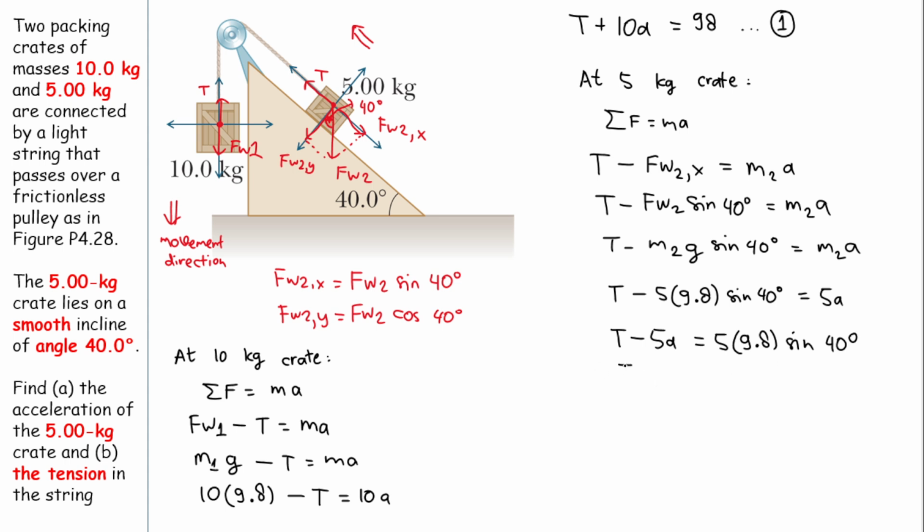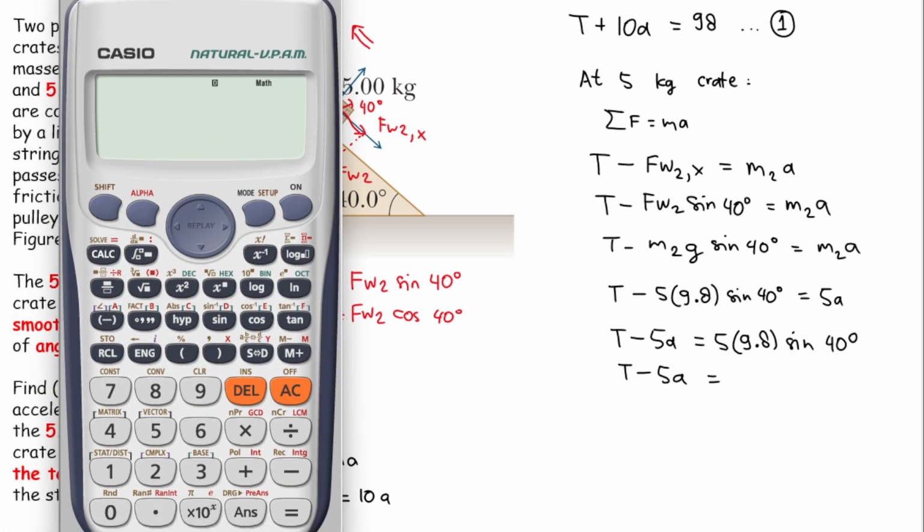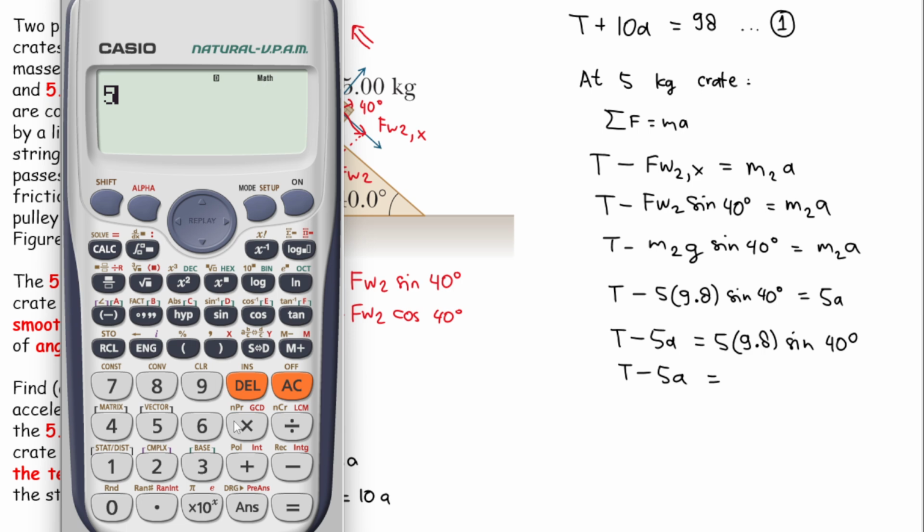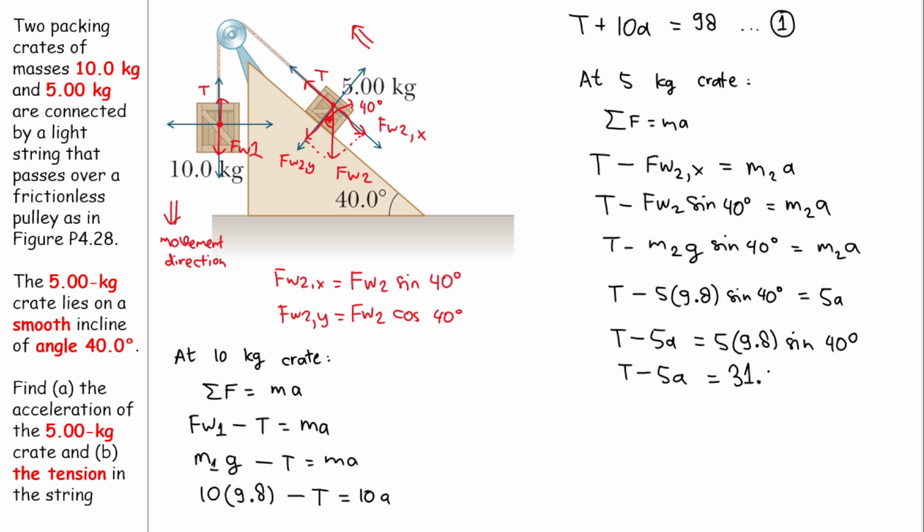Okay, let's get the numerical value of that number. Let's use our calculator. So we will have 5 multiplied by 9.8 sine of 40. I will have 31.50, and this is equation number 2.